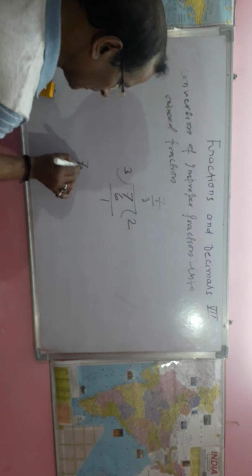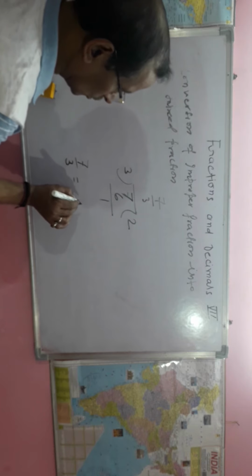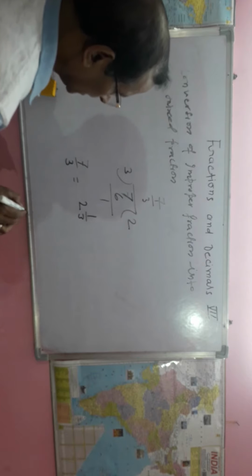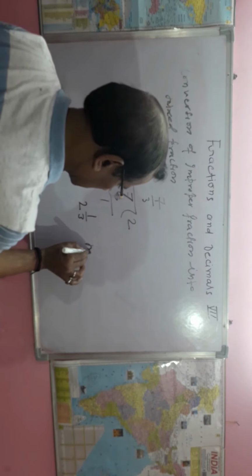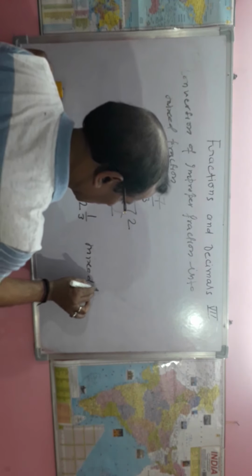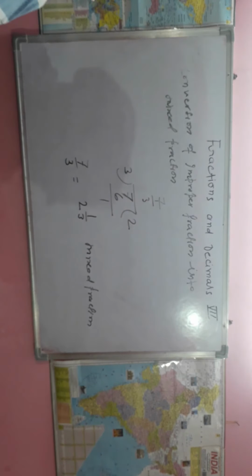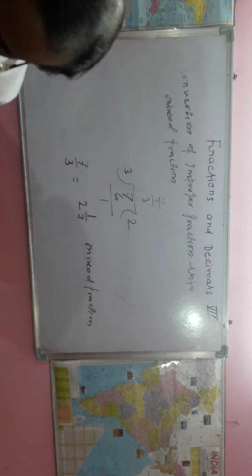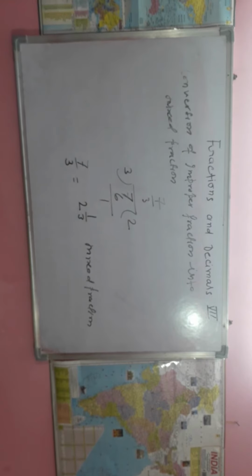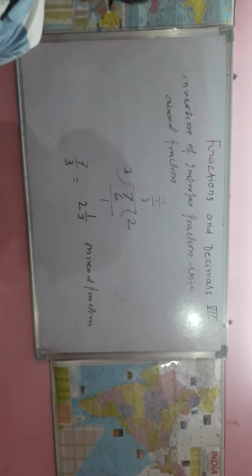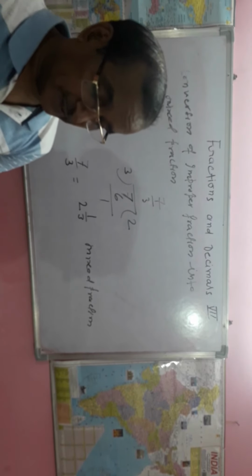Therefore, 7 upon 3 is equal to 2 whole 1 upon 3. It is a mixed fraction. I hope that you have understood.